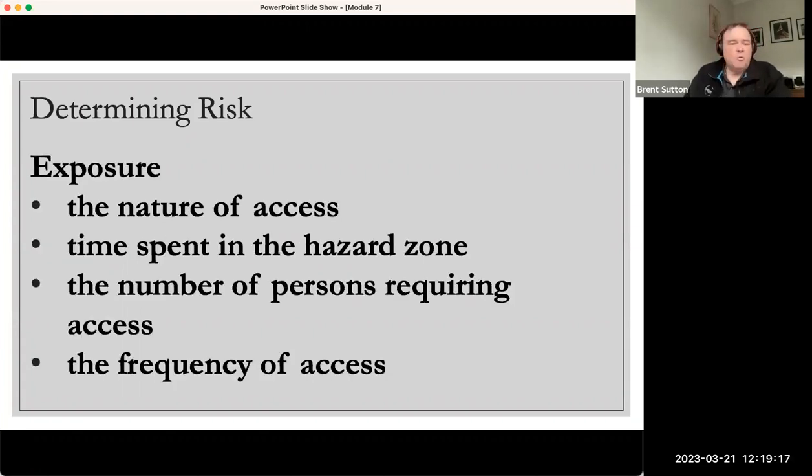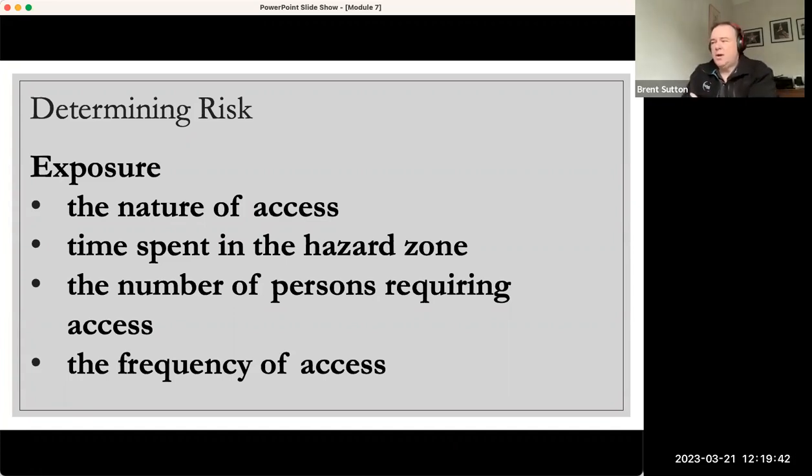Exposure is made up of 4 parts, and these are really interesting conversations to be had. So exposure is based on the nature of the access. How do they get to the danger zone? In other words, there's a difference between being able to access a danger zone because someone's put some danger tape up versus accessing the danger zone because there's fixed barriers in place.